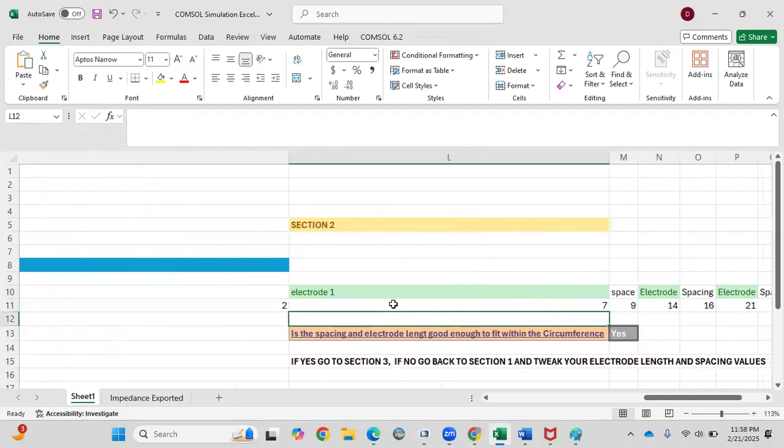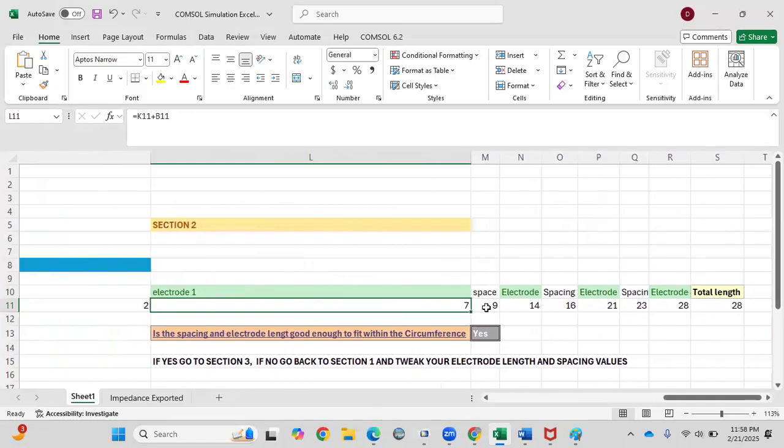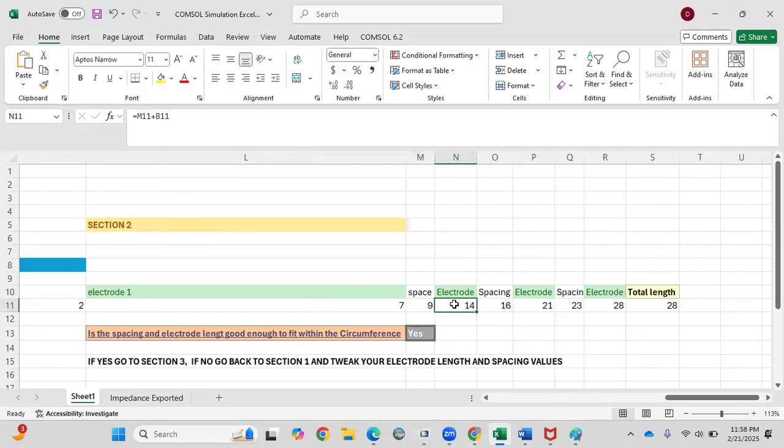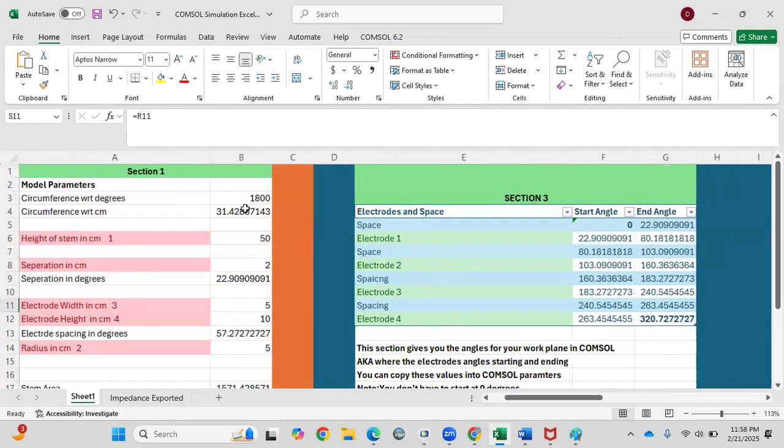So that is 7. So that is the electrode. So we had 7 centimeters so far. Then you add our next space. Then you add our next electrode. Then you add our next space. Another electrode, space, electrode, and the total is 28. So this inequality box here will let you know if you're within or if you're outside. So yes, 28 is clearly less than 31.